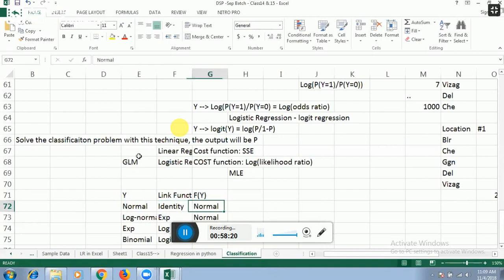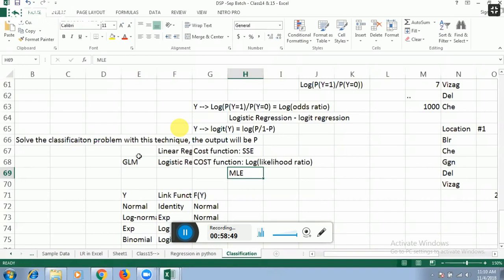So for generalized linear models, the cost function is MLE. That is nothing but log likelihood. Okay, we'll discuss what the log likelihood ratio is at a little later point of time. At this point, you may not be able to digest that concept. But at this point, what you need to do is convert into an optimization problem, and you are solving the optimization problem with the help of gradient descent.